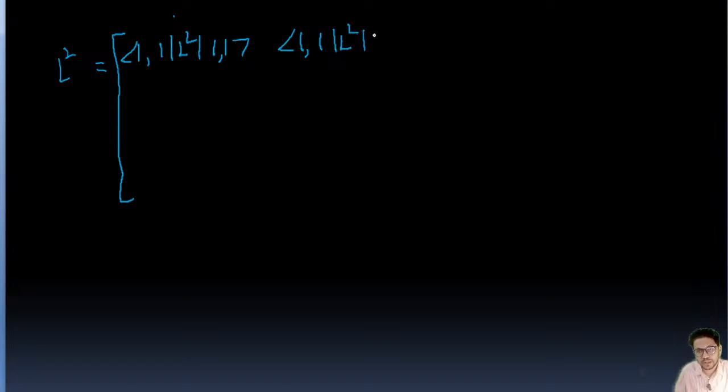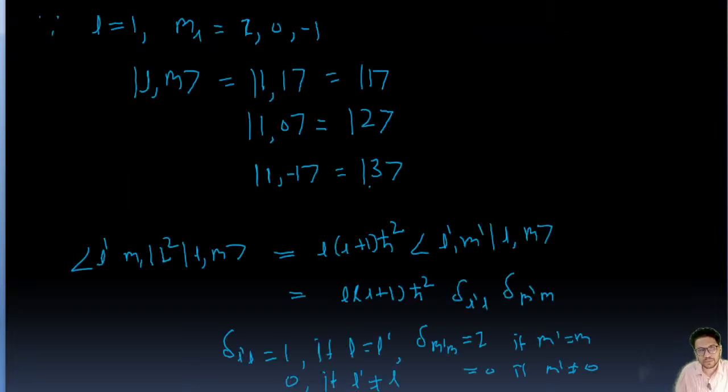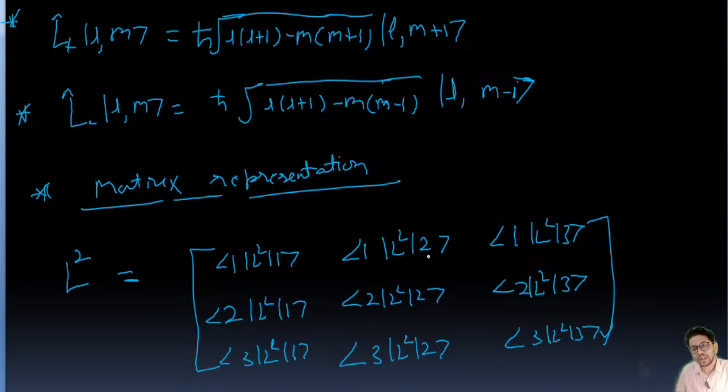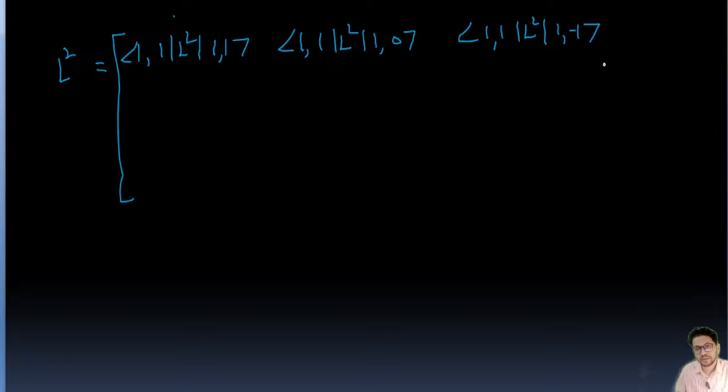Then <1 1| L square |1 0>, since state 2 is |1 0|. Similarly <1 1| L square |1 -1>, where state 3 value is |1 -1>.